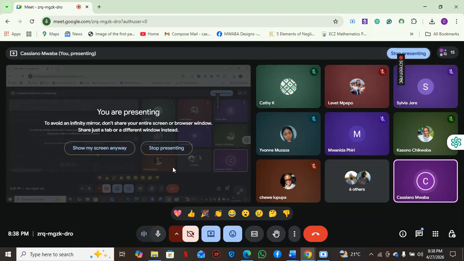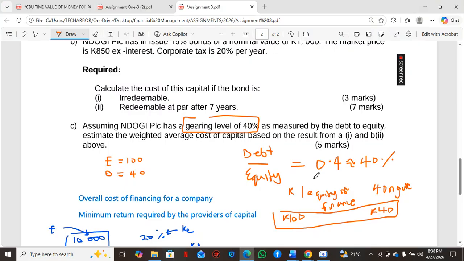If it's below one, like here, 0.4, which represents 40%, it means the company uses more equity financing. You need to remember this in year four because you'll see these things again. So remember from today onwards, colleagues: greater than one, more debt financing; less than one, more equity financing.